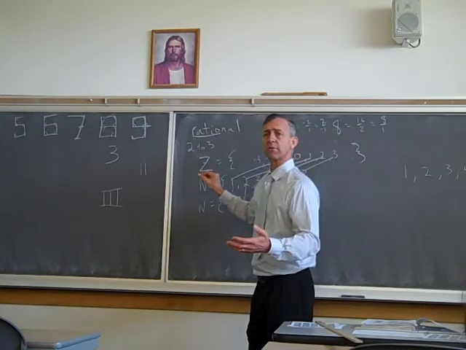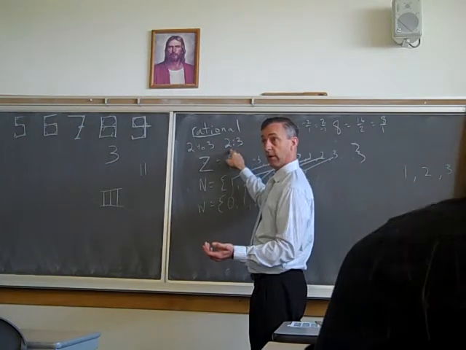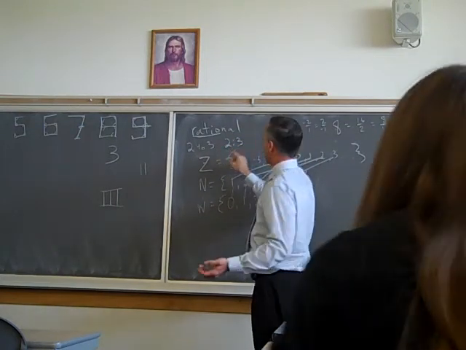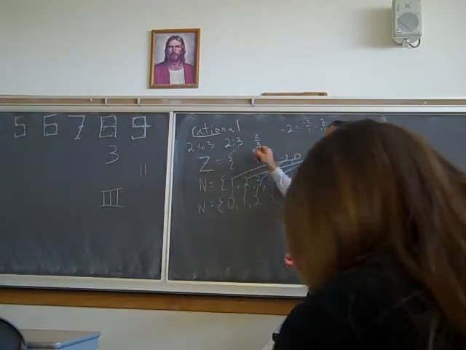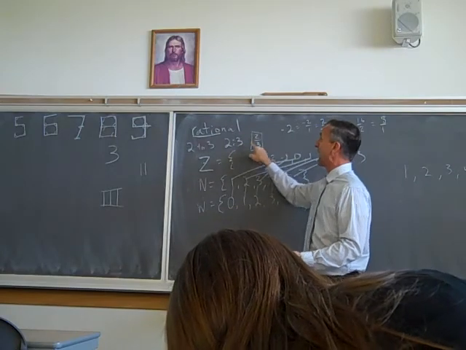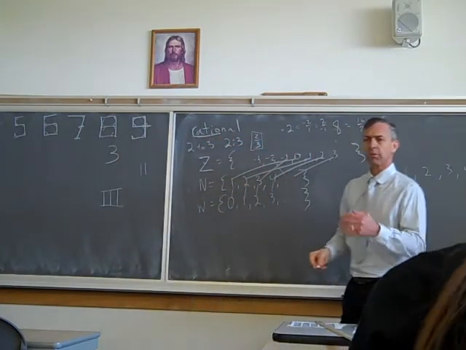How else have you seen ratios written? 2 to 3 with a colon. Have you seen it written that way? And 2 over 3. And this is the one we want to think about. Fraction, ratio, rational. So anything that can be written in that form.